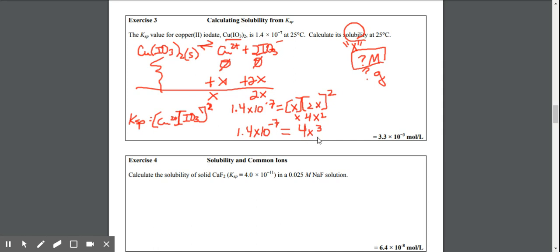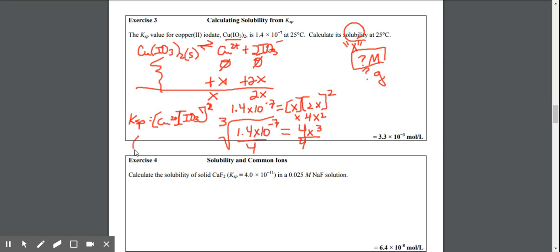To solve for x, I'm going to divide by 4 on both sides. And once I divide by 4, to get x by itself, I have to take the cubed root. Now, if you know how to plug this into your calculator, you just take the cubed root. If you do not know how to plug a cubed root into your calculator, what you do is you take this answer and you raise it to the 1/3.